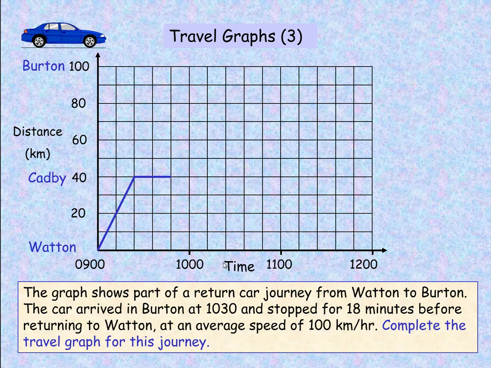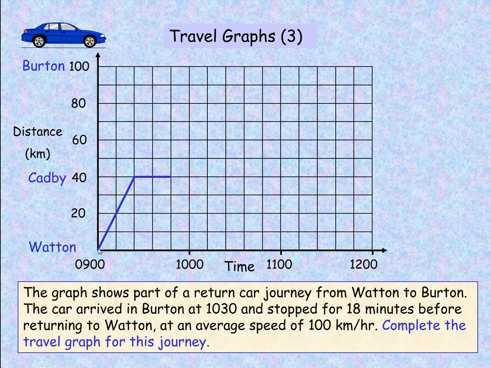Okay, when we look at this, we've got a journey going from Watton to Burton. Distance against time is our graph. And to go from Watton to Burton, you travel through Cadby. So it tells us that the car traveled from 9:00, arrived at Cadby, and then spent 2 squares there.